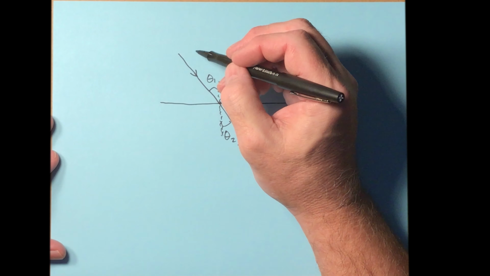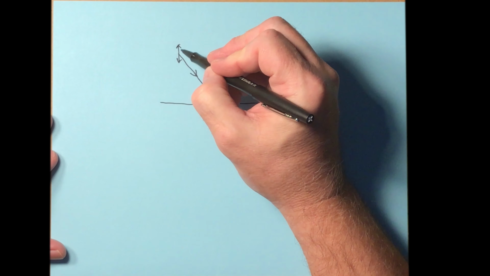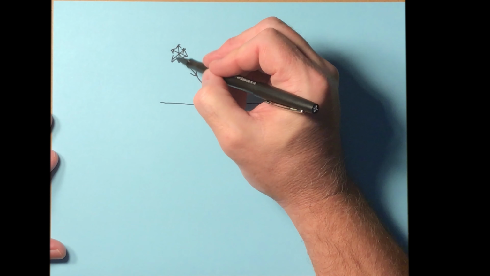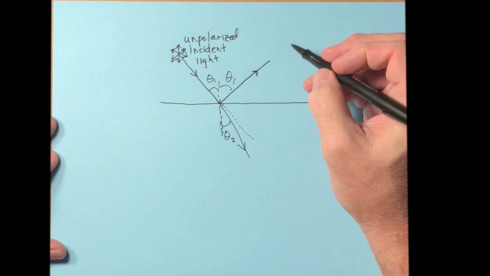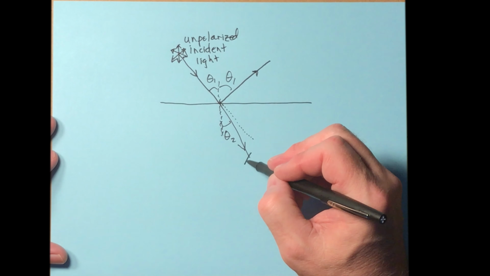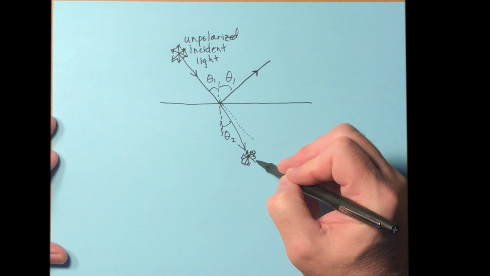Now, if the incident light is unpolarized, and I'm going to show electric field vectors moving in all these different directions here, that represents unpolarized light. Then here's what you discover. This refracted light is also unpolarized. Okay, so that's unpolarized light right there.